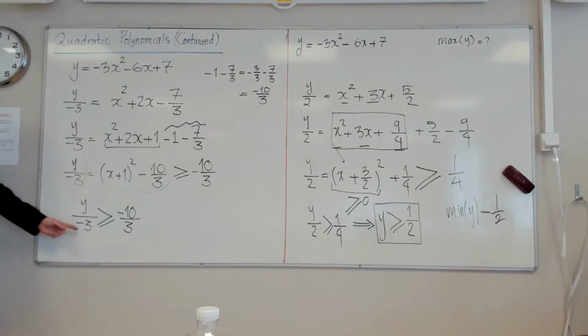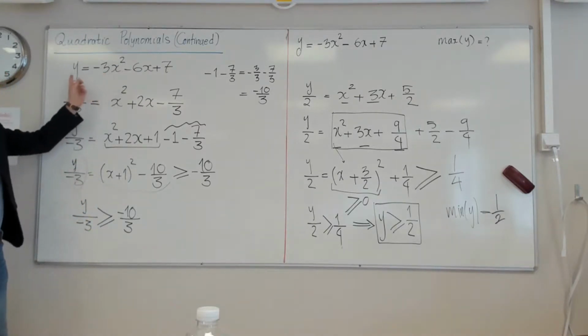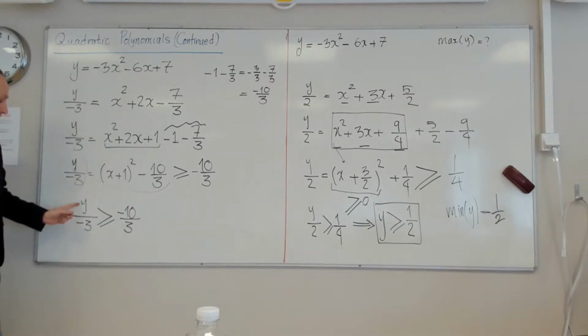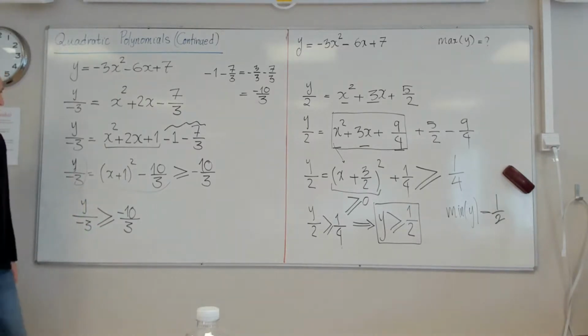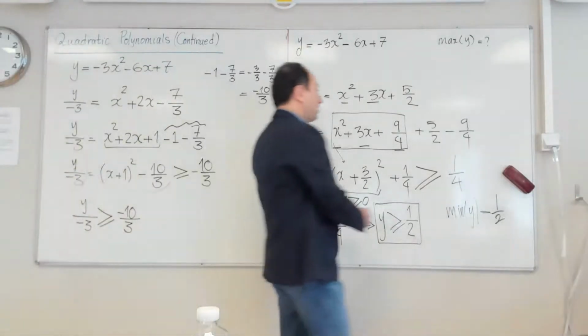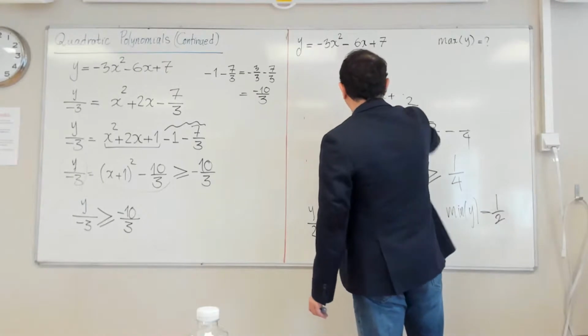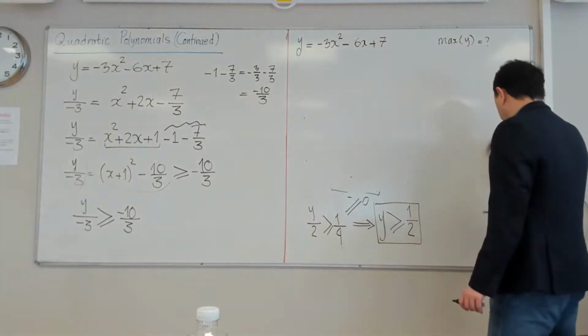But this information, even though correct, is not my answer to the problem because I want to talk about y. What I got is some bound for y over minus 3. I want to go and talk about y. So can you tell me what should I do now to get information about y, not y over minus 3?